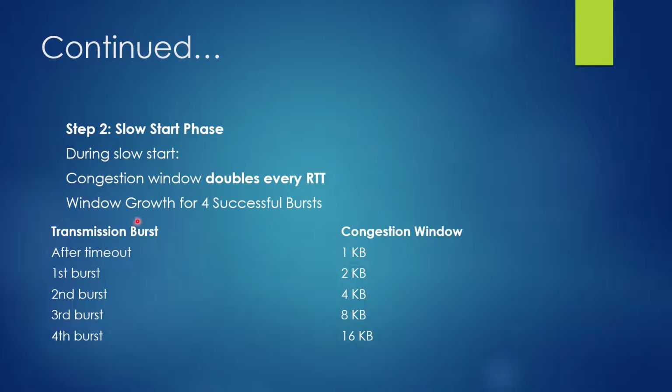The congestion window doubles every RTT. So after timeout 1, first burst 2, second burst 4, third burst 8, and fourth burst 16 KB. So the window growth for the 4th successful burst is 16 KB. You have to write the conclusion like this.